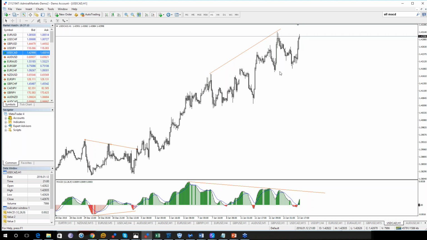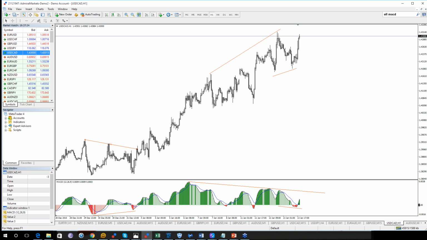Because usually hidden divergence, you can see it here. It was maybe a hidden divergence. What did we say about hidden divergence? The price needs to make a higher low and the oscillator needs to make a lower low. Yes, this was a low, but you cannot see it here. You can see a higher low here, but you cannot see a real low here.